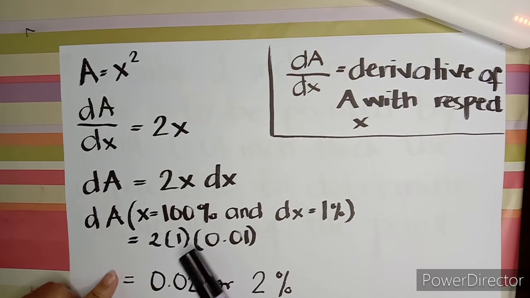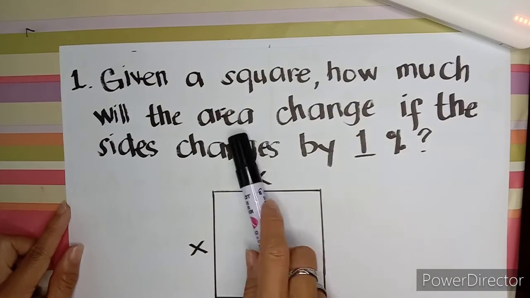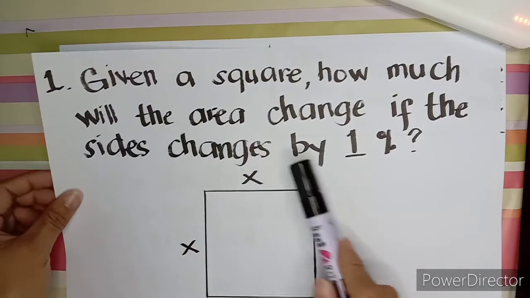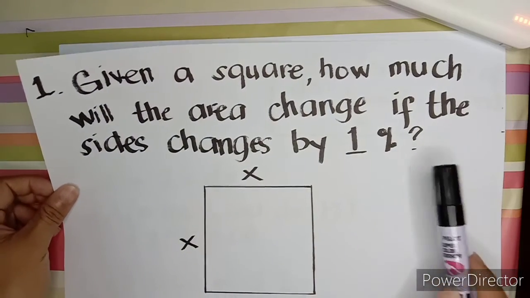So 2 times 1 times 0.01 is equal to 0.02, or 2%. Thus, we can conclude that the area will change by 2% if the side changes by 1%.